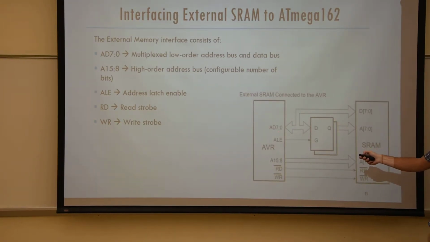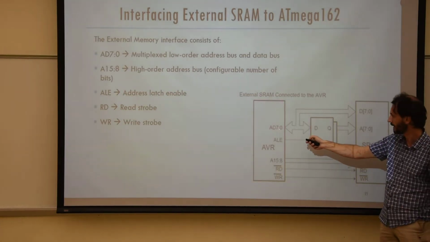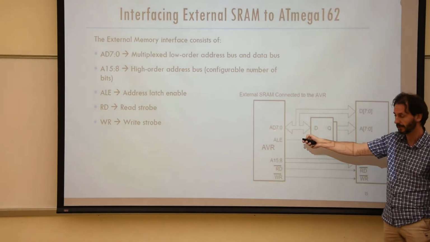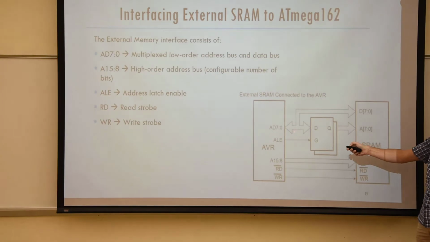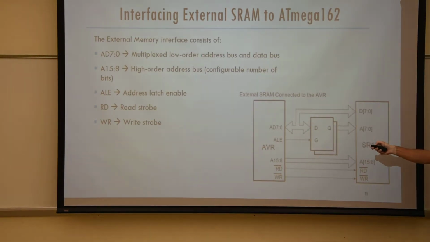Here we see A7 to 0, A for address and D for data, and depending on what it's being used for, you either push through an address, and next you push the data in, and you will have the address coming over these bits, and then you indicate whether you want to do a read or a write.